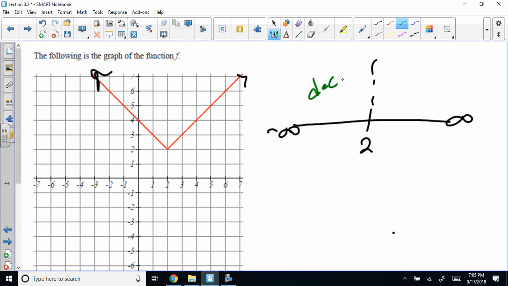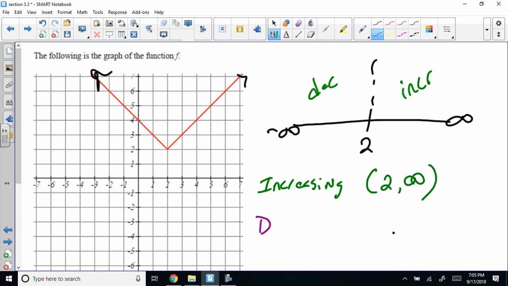This is decreasing, and this is increasing. This is going down from negative infinity to 2, and then it's going up from 2 to where? So it's increasing, and we have to write it in interval notation. It's increasing from 2 to infinity.